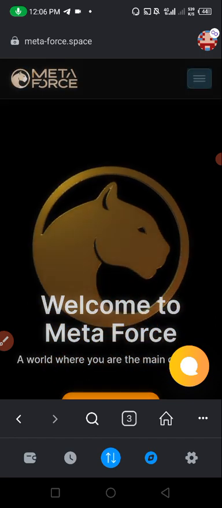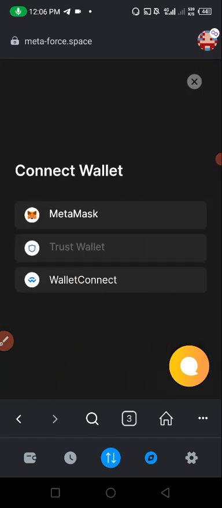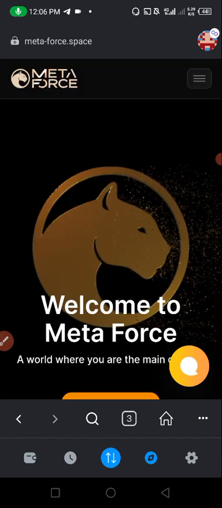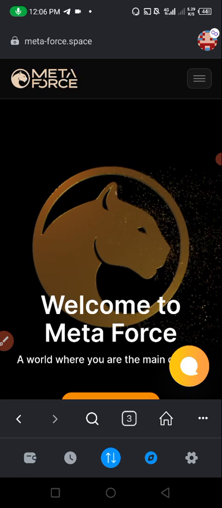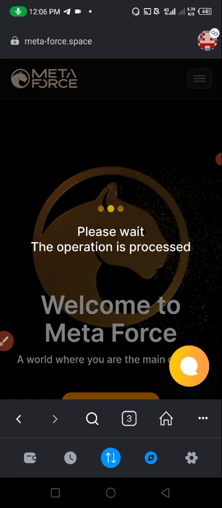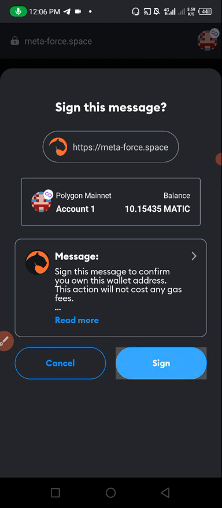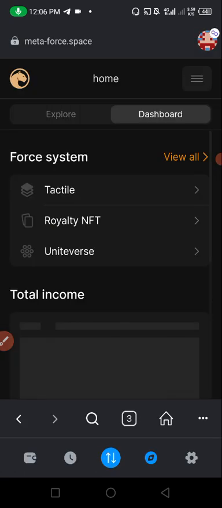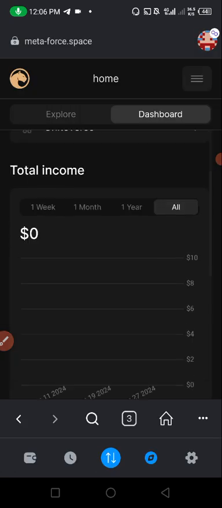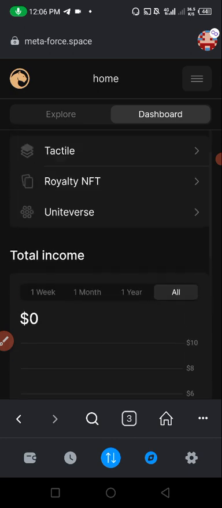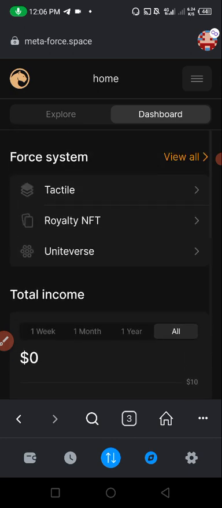Most times, depending on you, you have to click it 2 times for it to connect. Okay, click on sign, and voila, it will take you to your MetaForce account.